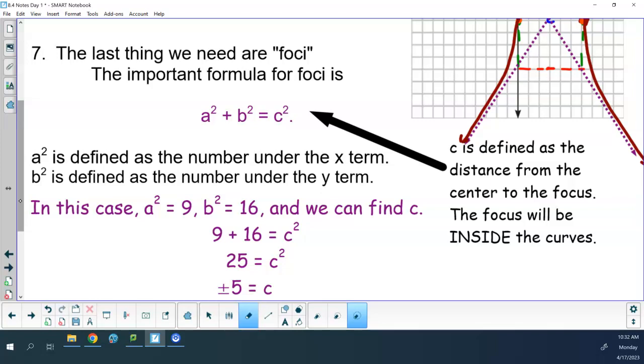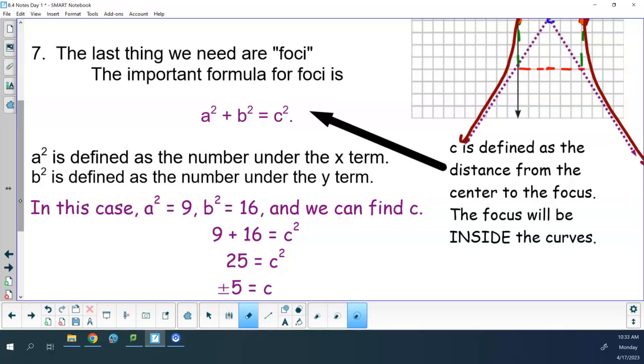C is going to be still the distance from the center to each focus. This is a key little sentence right here. The two foci of your hyperbola are inside the curves.